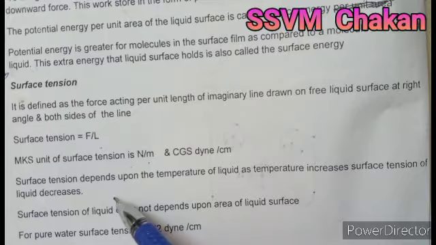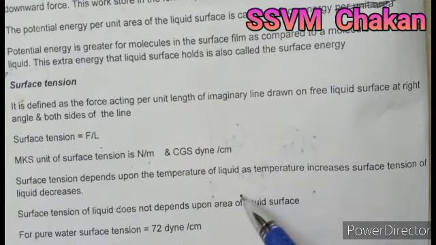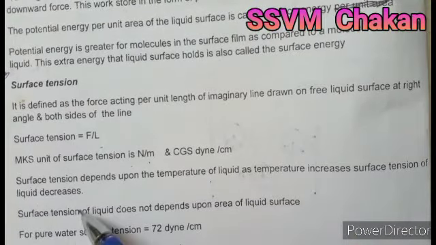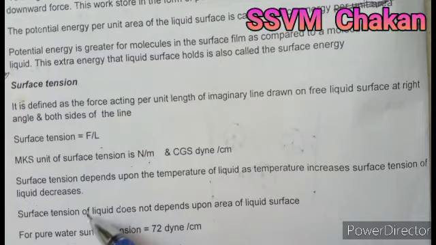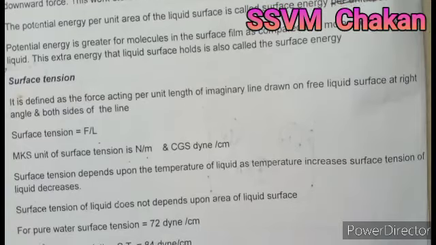Surface tension depends upon the temperature of a liquid. As the temperature increases, surface tension of liquid decreases. It means at higher temperature, surface tension of liquid is lower, and at a lower temperature, surface tension of liquid is higher.